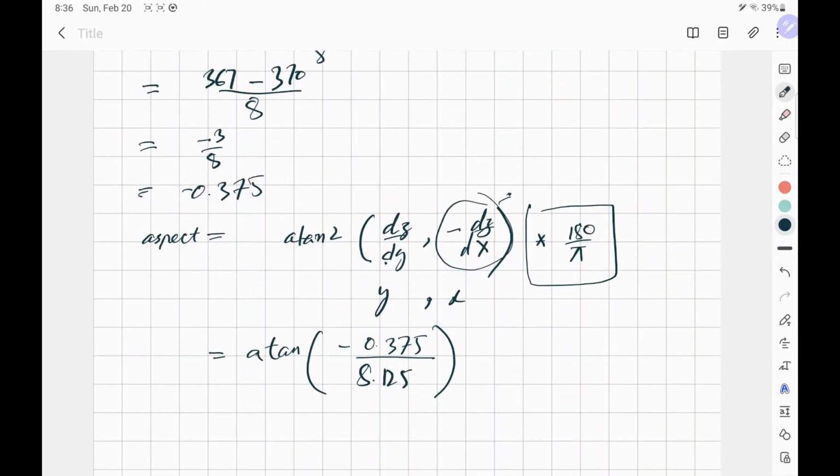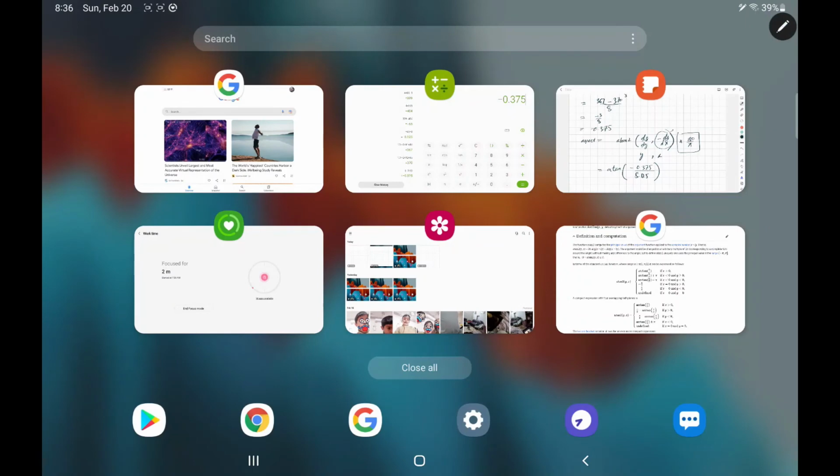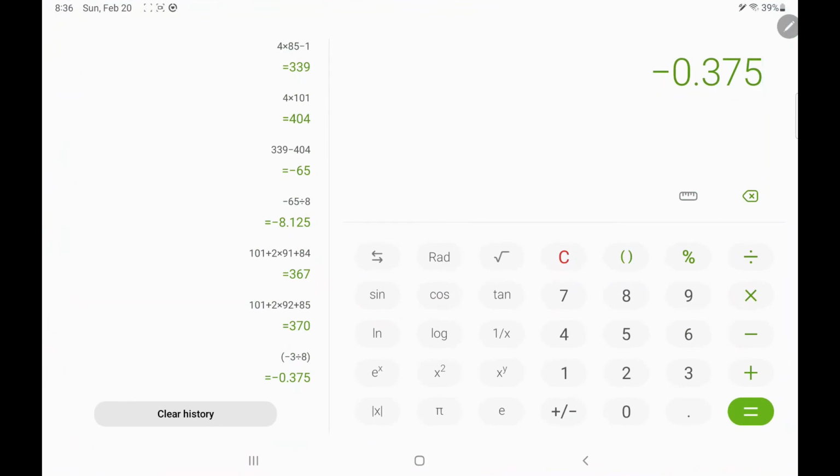Let's calculate this value first. So first we will calculate the fraction: minus 0.375 divided by 8.125.